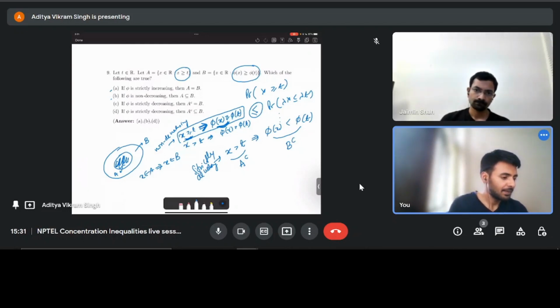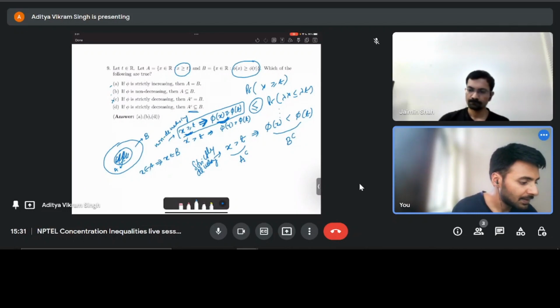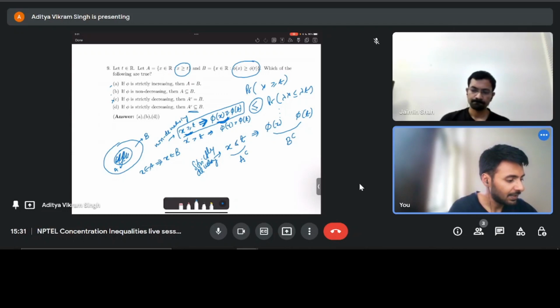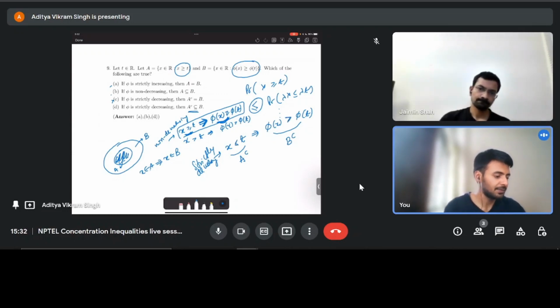Sorry, what did I say? So there's some mistake here. What I wanted to say is that if x is less than t, then phi x would be strictly greater than phi t. This is because of the strictness. And this is A complement, and this is not B actually.